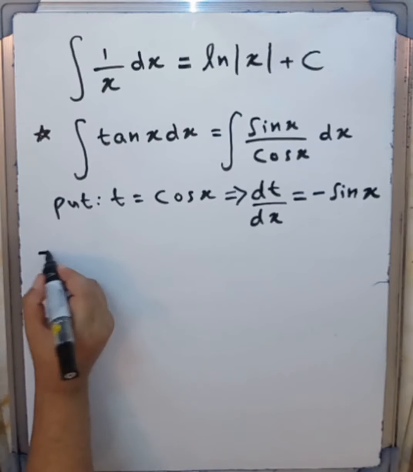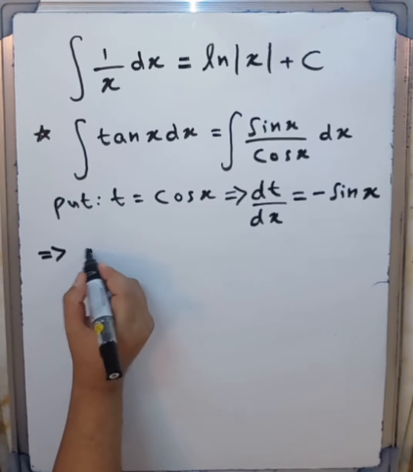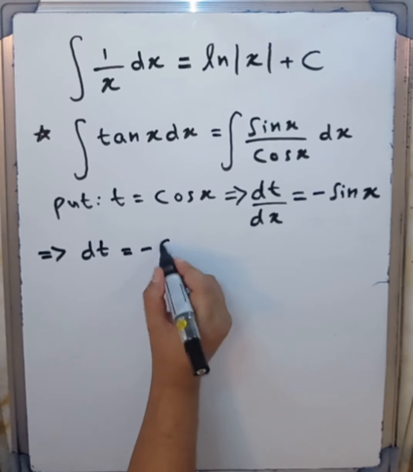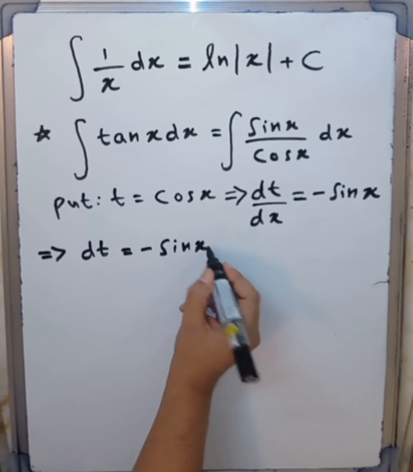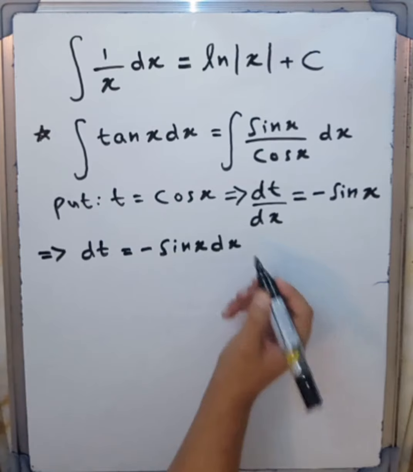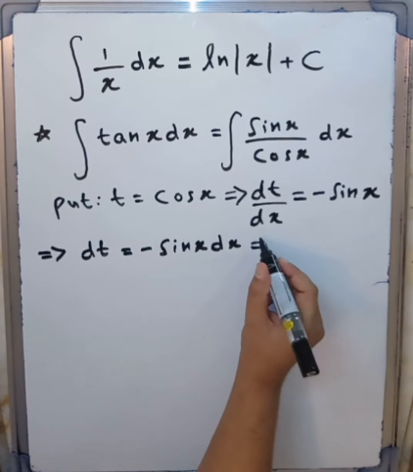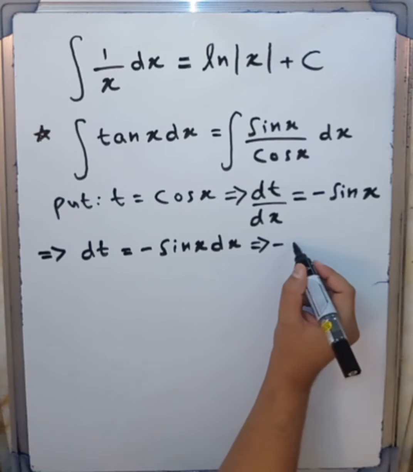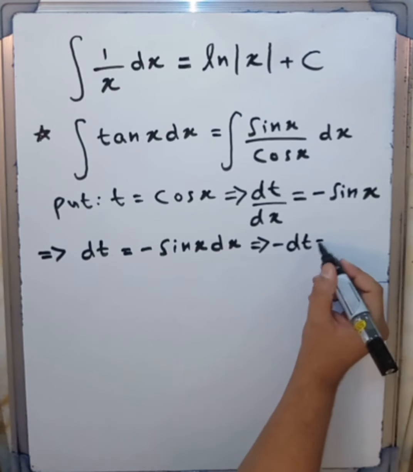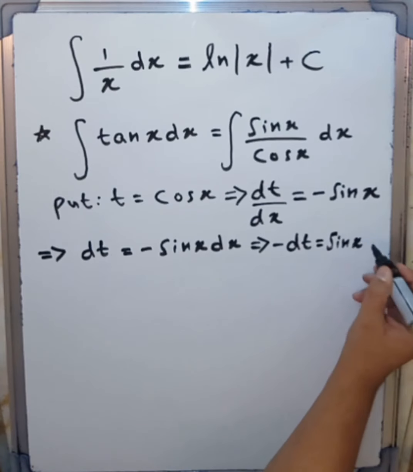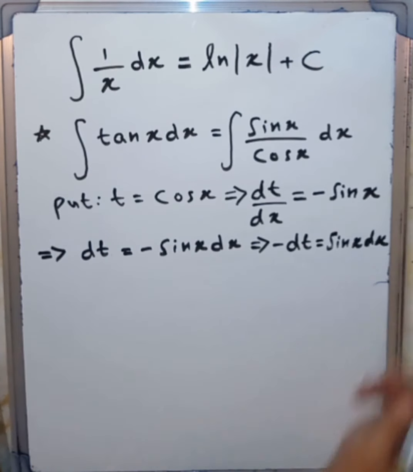This we can write as dt is equal to negative sin x dx, or negative dt is equal to sin x dx.